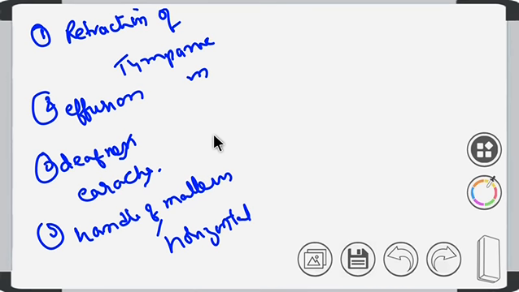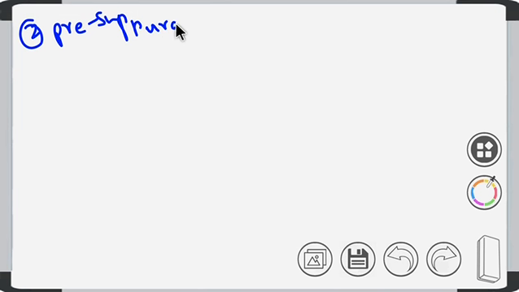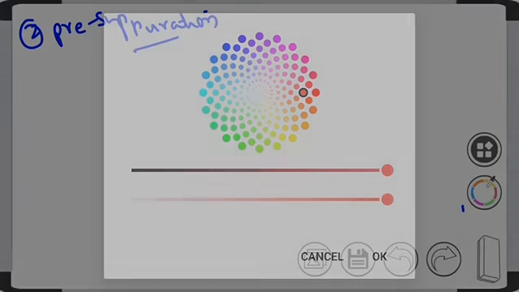Now let's move to the second stage, the stage of pre-suppuration. Let's see what we can see here. In this stage, pyogenic organisms will start invading.